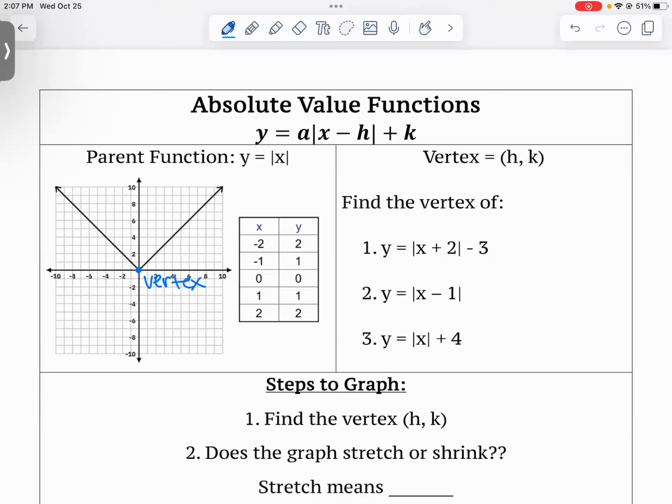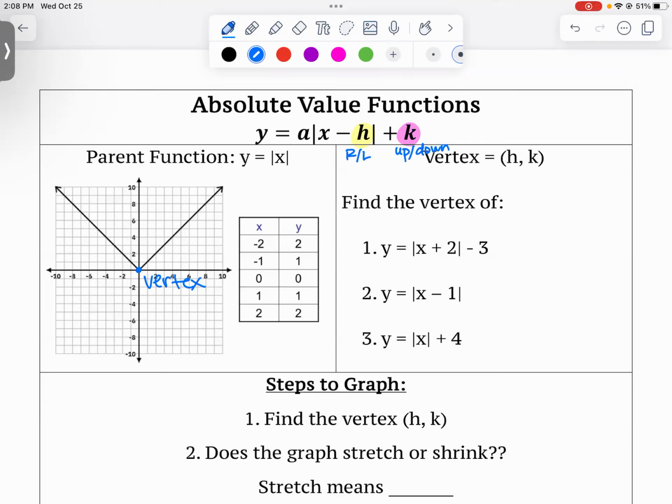Now, this h right here is going to tell us whether we move right or left a certain amount. And this k right here is going to tell us whether we move up or down a certain amount from the origin.